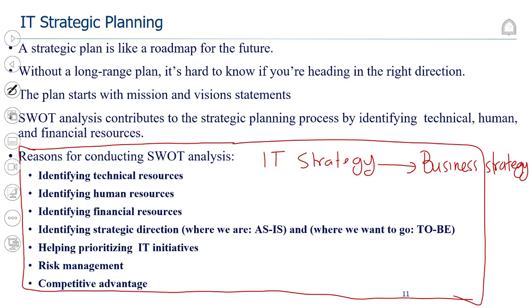And at that particular point, we have to do an assessment of where we are. So part of the IT strategy, the first thing we have to do is find out as is. Where are we now? In order to do this as is, there are many tools that we can use, okay?